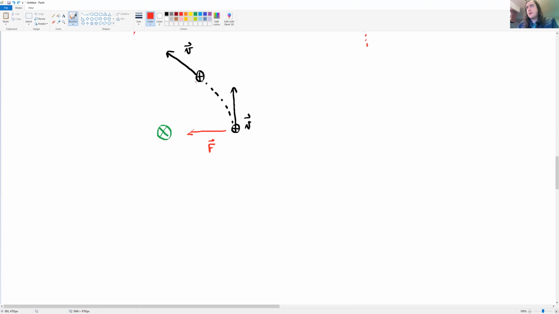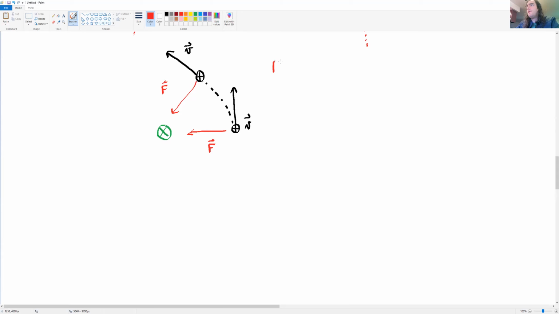Let's try and make it so that it points kind of to the same location here. Okay. And if you just take your right hand and move it around in a circle, what you see is that as you always curl your fingers in towards the magnetic field, your thumb always points towards the center of a circle. Okay.